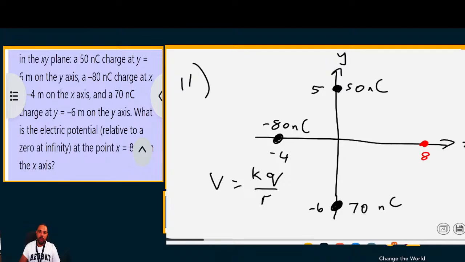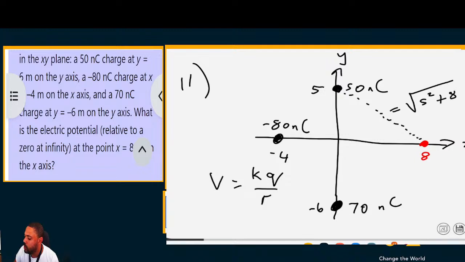We're calculating this distance here between these two points, the charge and that point. The distance on the x-axis is 8, while the distance on the y-axis is 5.